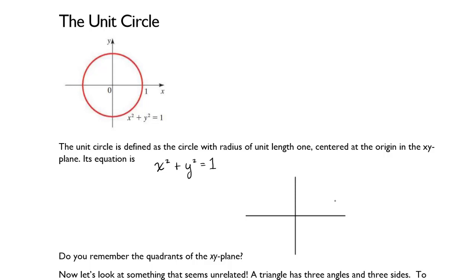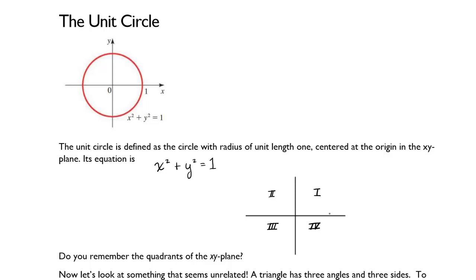If we were to look at the quadrants of an xy plane, you might recall that the first quadrant is in the top right corner, the second quadrant is in the top left corner, and we work our way around counterclockwise. So the third quadrant is in the bottom left corner, and the fourth quadrant is in the bottom right corner.